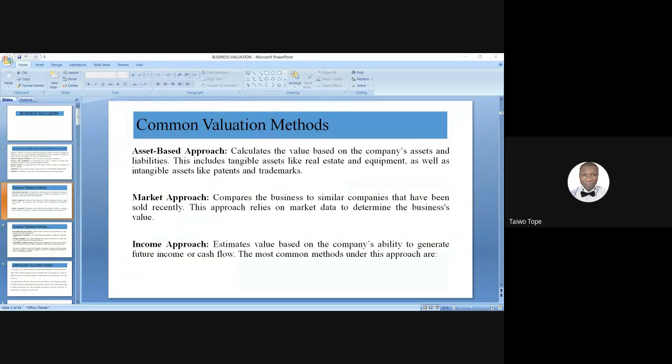It is calculated as the difference between total tangible assets and total liabilities. So the intangible assets, such as copyrights, goodwill, and so on, are ignored except when they have a market value.